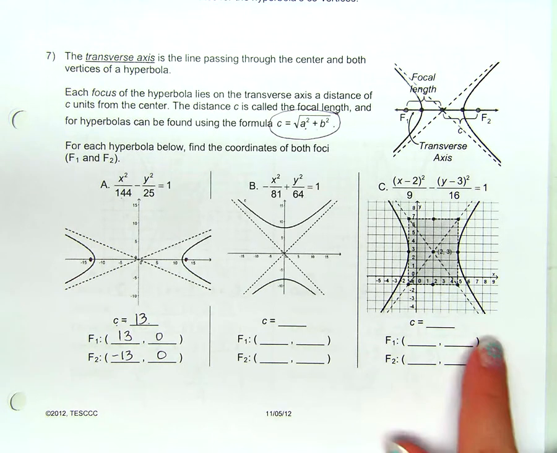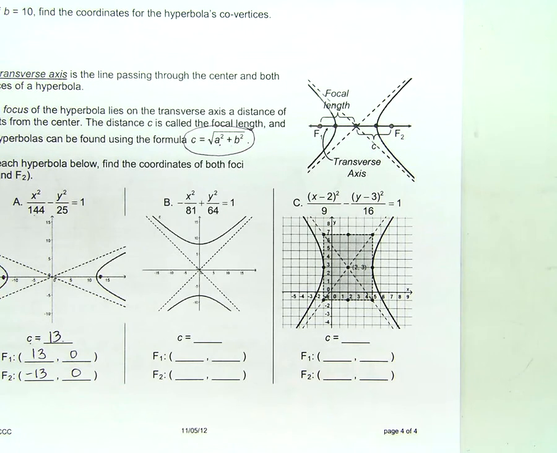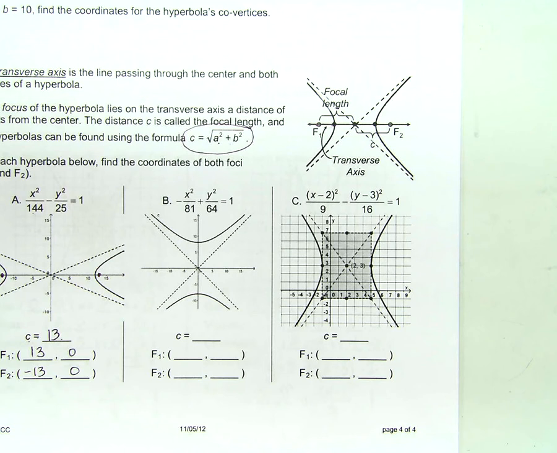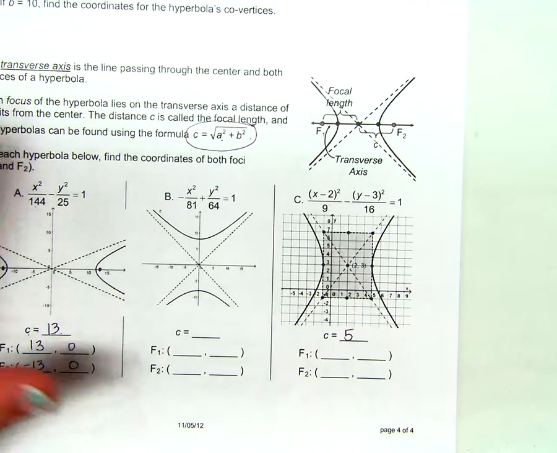Okay, let's look at C, please. Where is my focus? What is my c value? Because a squared plus b squared, 9 plus 16 is 25. What is the square root of 25? So my c is 5.